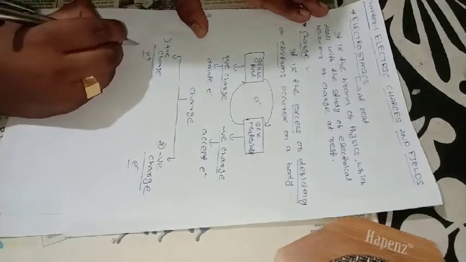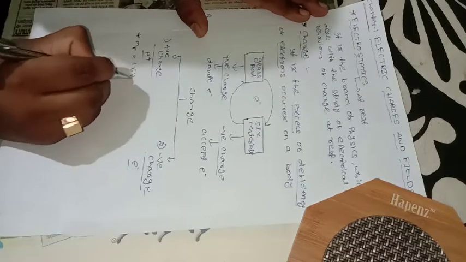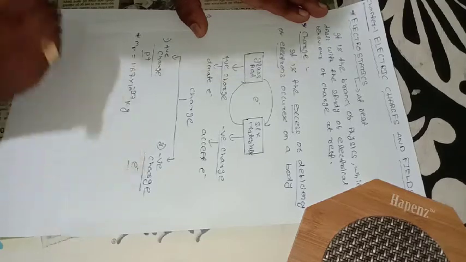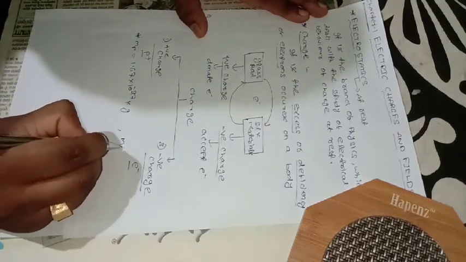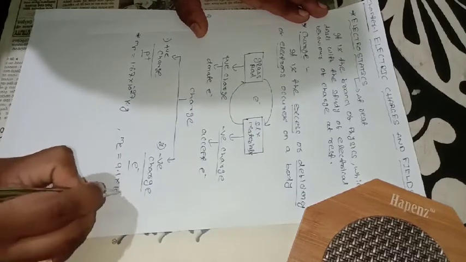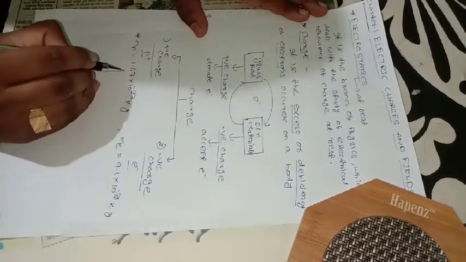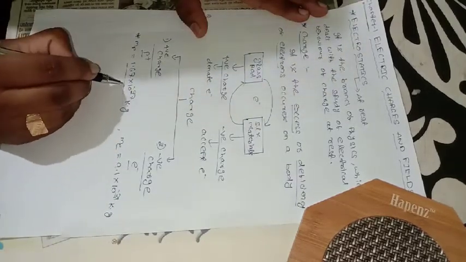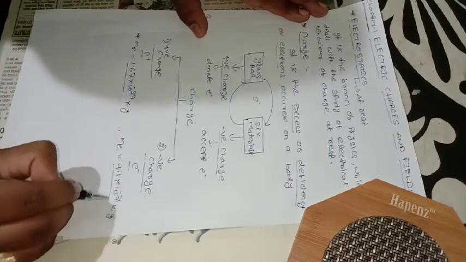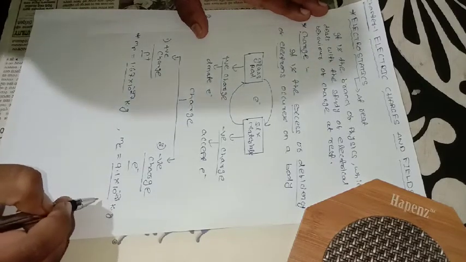The mass of proton is 1.67 into 10 to the power minus 27 kg, whereas the mass of electron is 9.1 into 10 to the power minus 31 kg. You have to remember that.